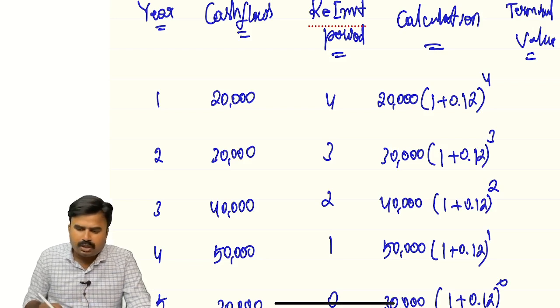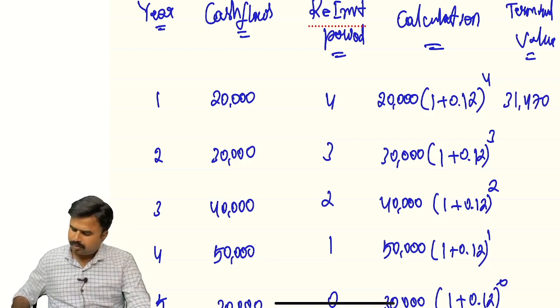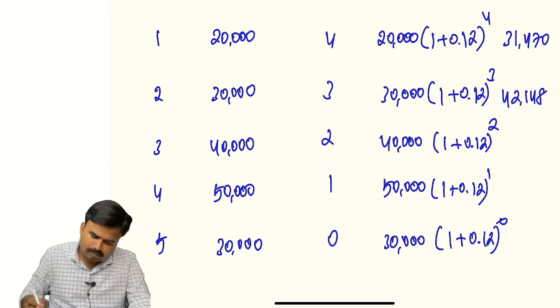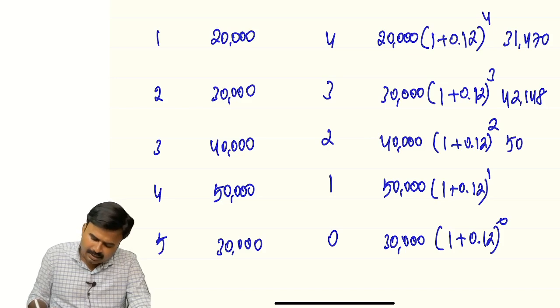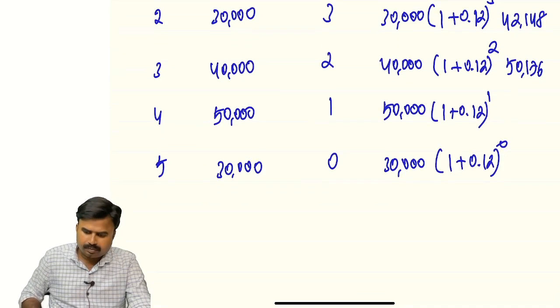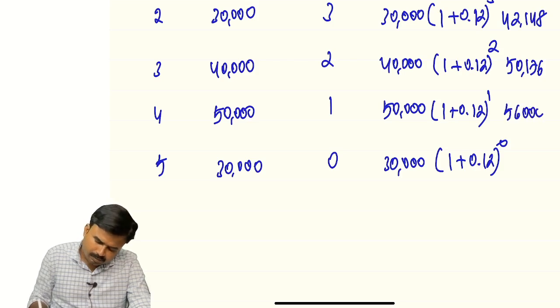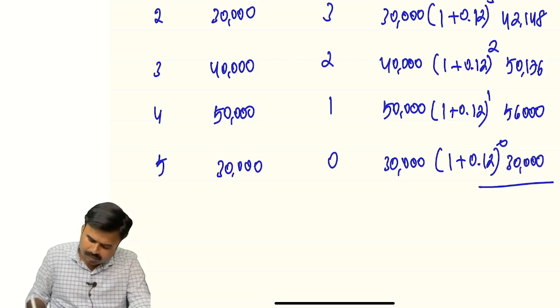It will be 31,470. 1.12 cubed into 30,000, 42,148. 50,176. 56,000. 30,000. Add these numbers.